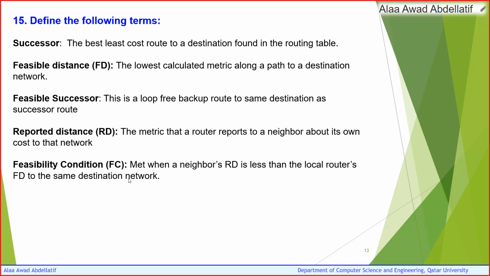So if the reported distance is less than my calculated, or my local router feasible distance to the same destination, it means that the feasibility condition is met. I can use this new route as the best route because the reported distance is less than the local calculated feasible distance. These are some examples of the definitions in this chapter, and you have also other definitions like load balancing, convergence, and so on. So it's very important to know all definitions of this chapter.